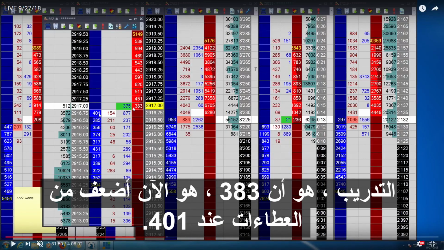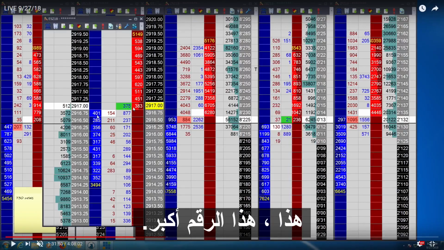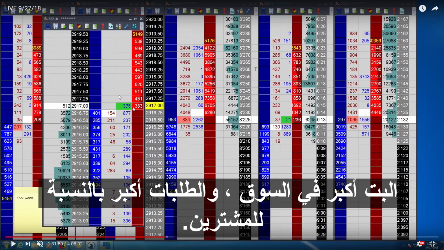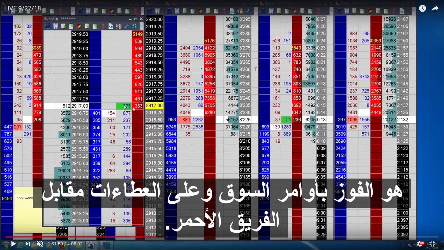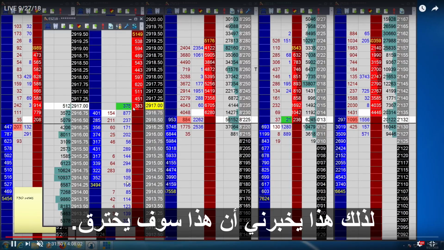It is now weaker than the bids at 401. You have 375 market orders that hit the order here. 154 versus 375. The bid is larger and the market orders are larger for the buyers. So Team Blue is winning on market orders and on bids versus Team Red. So therefore, this is telling me this is going to break through.